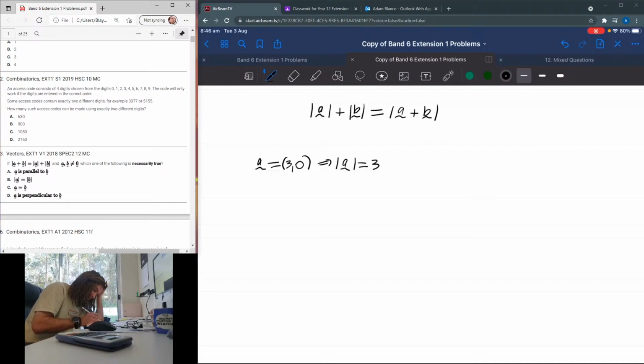If I add that to, let's use the 3, 4, 5 triangle, so 4, let's make that (0, 4). I don't know where I'm going with this, that's 4. And then A plus B is the vector (3, 4).